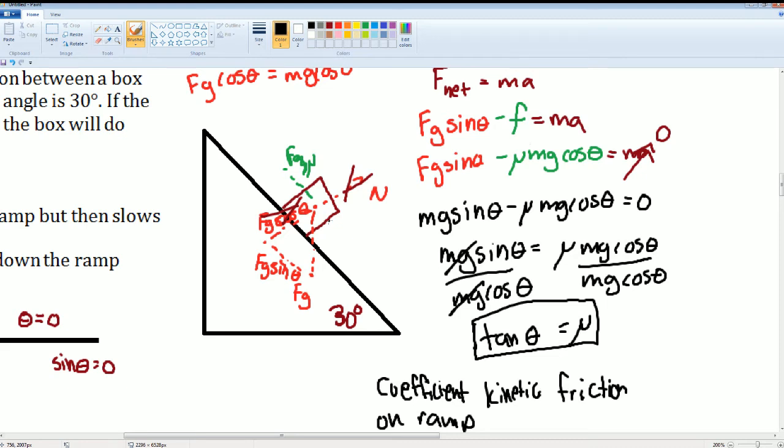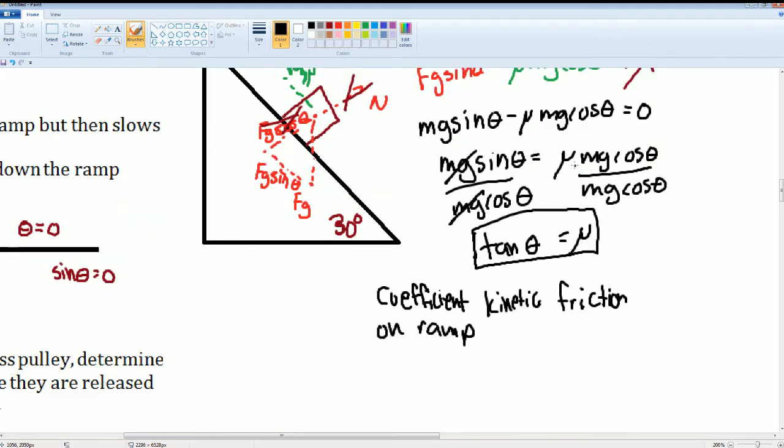At 30 degrees, you can just plug this in. So this is when it balances out. At theta equals 30 degrees, you can now plug in the values.